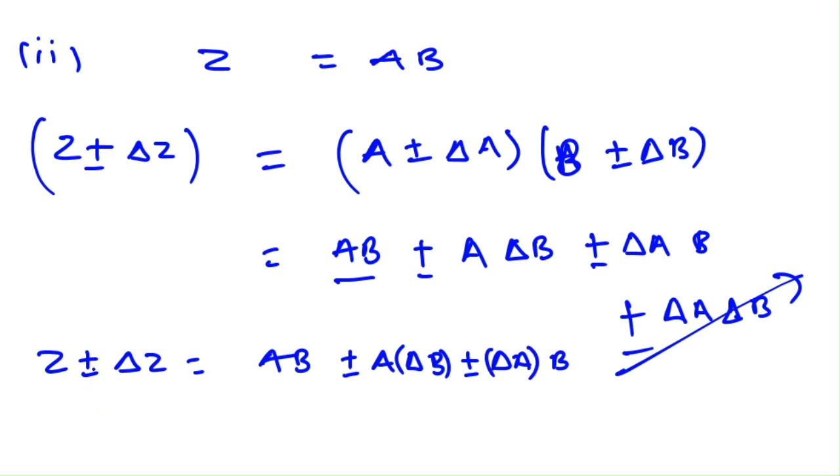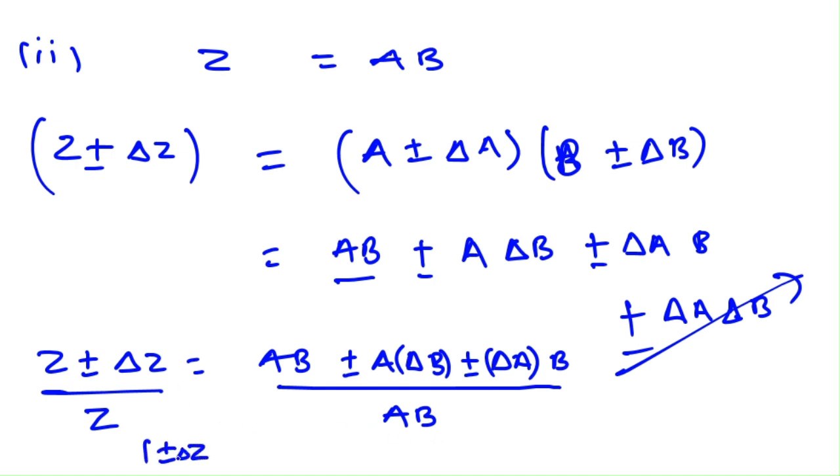And then we can divide all these things by Z. Z is A into B, and every term has A and B, so we are dividing by AB, which is nothing but Z. So here we will get 1 plus minus delta Z by Z, and on the right 1 plus minus, A cancels out in the first term, giving delta B by B, plus minus, delta A is there but B cancels out, giving delta A by A. Both the LHS and RHS have 1, so this 1 is eliminated.